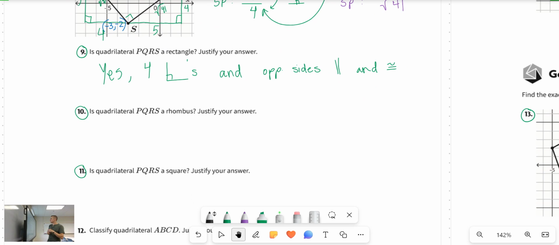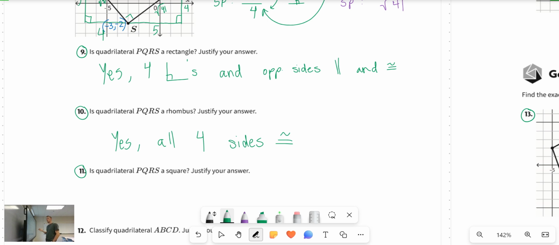Is quadrilateral PQRS a rhombus? Well, what does a rhombus mean? Everybody know? A rhombus means that it doesn't matter about the angles. It's just if all of the sides are the same length. Yes. All 4 sides congruent.